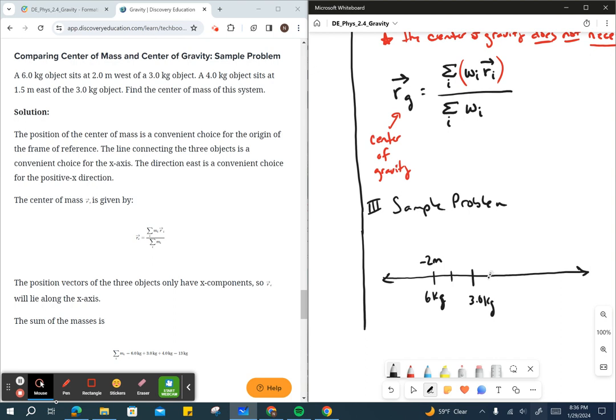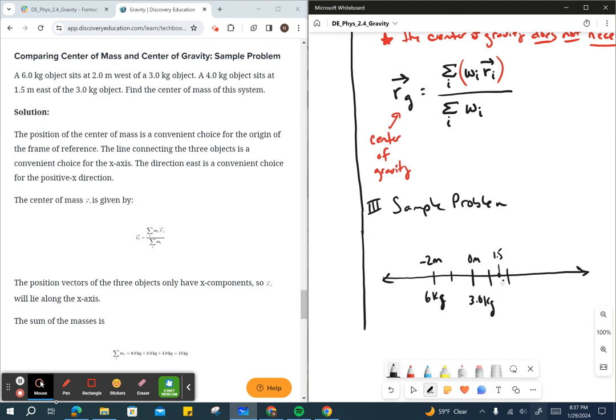So this is going to be at 0 meters. And then this is going to be 1. If this is 2, then this would be 1.5. We have a 3.0. This object is 4 kilograms.